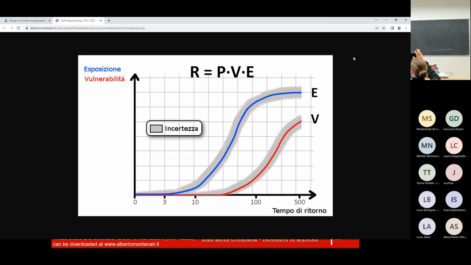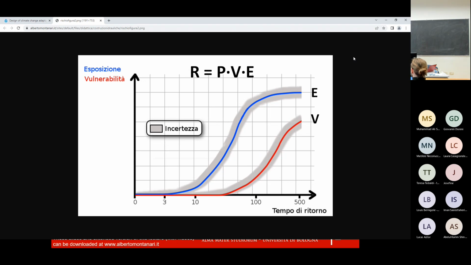First of all, here, yeah, there is a question. Is it a linear correlation between the return period and the intensity? It depends on the probability function. So it's not linear. So it would change the shape of the curves. Yeah, of course, it could change the shape of the curves. The question was, is the relationship between return period and intensity of the event linear?